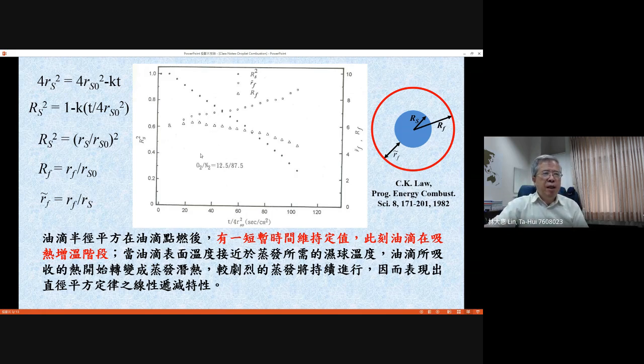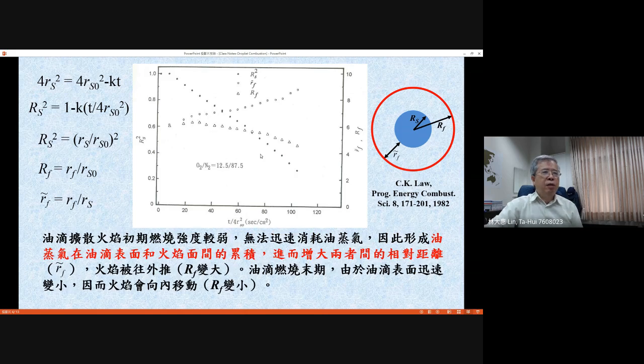But in this environment, the burning intensity is not too strong because there is not much oxygen, so the burning of the diffusion flame is not strong enough to consume all the fuel vapor coming out from the liquid surface. This is the motion variation of your flame surface and the liquid surface.